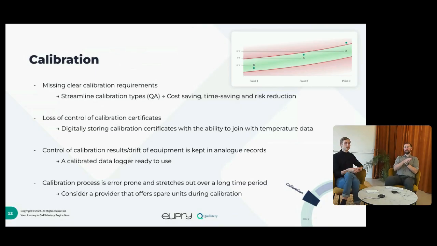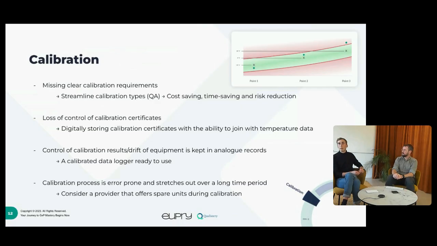Because having a system where you store information on logger and logger positions in an analog or digital way can be tedious when you have these frequent swap outs. So having a system that allows you to have either spare units or entirely new units every single time really optimizes that automation process for sure.